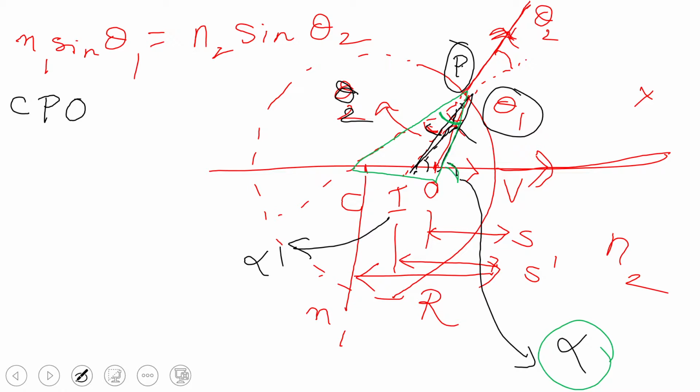And if we call the angle between CP and CO phi, the external angle is alpha, these two internal angles are phi and theta 1, so then I can write alpha as theta 1 plus phi.